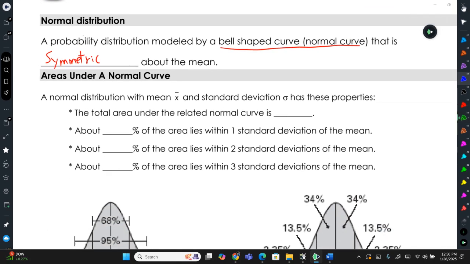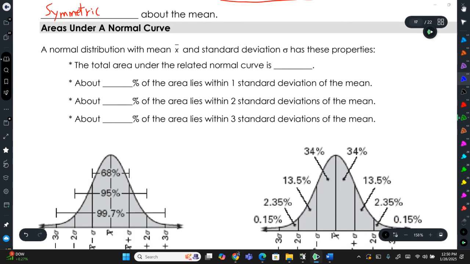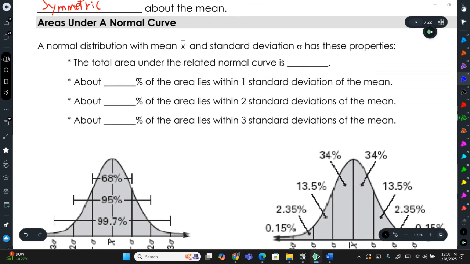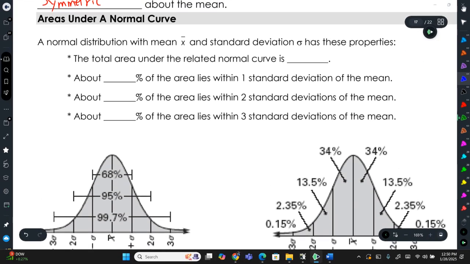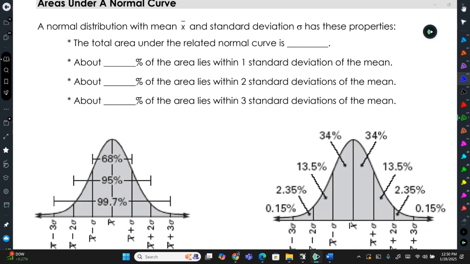So when we look at a normal distribution curve, and we're talking about how far the data is away from the mean, if we draw it as a curve, as you see below here, the total area underneath that curve is 100%. So all the data would fall underneath that curve.